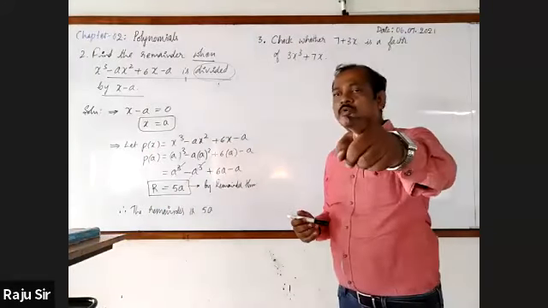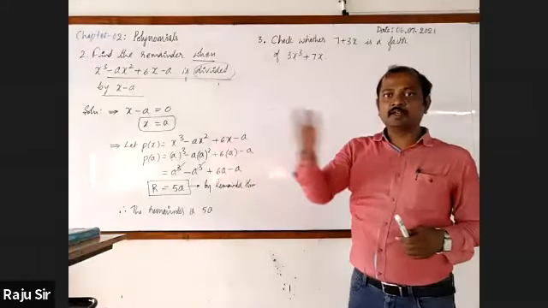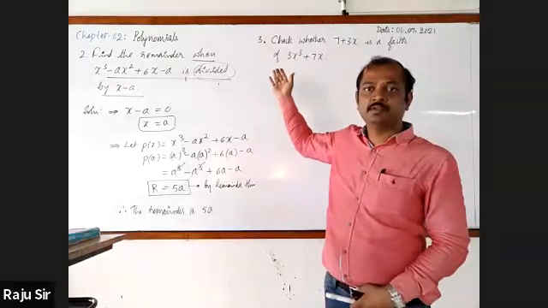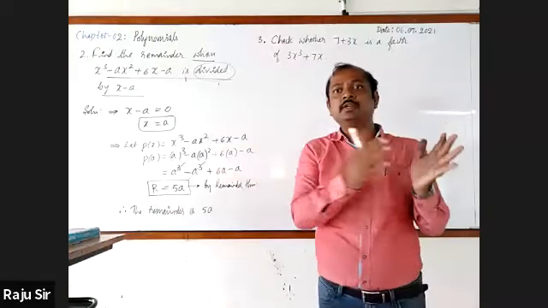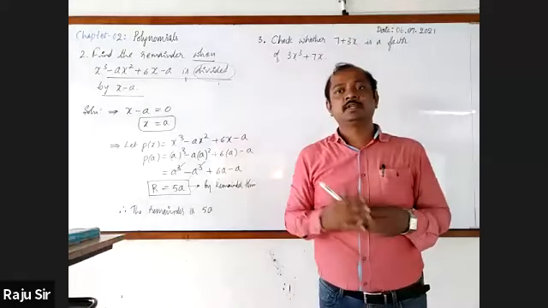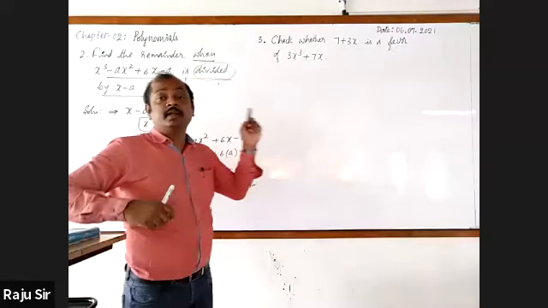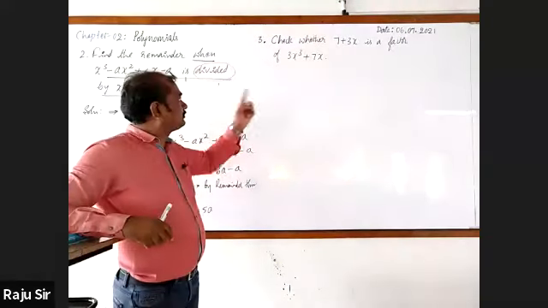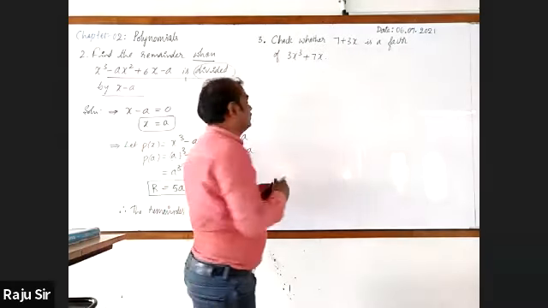You know that if the remainder is 0, then it is a factor. So we have to find out the remainder. If the remainder is 0, it is a factor. If the remainder is not equal to 0, then it is not a factor. Such a simple statement. So here also, let's go for finding the remainder. Start writing with me.